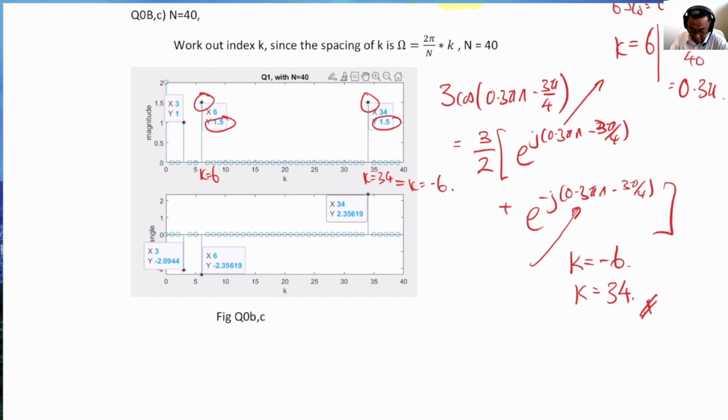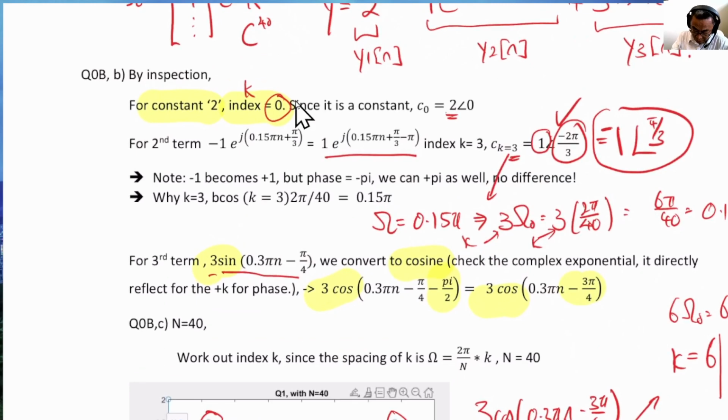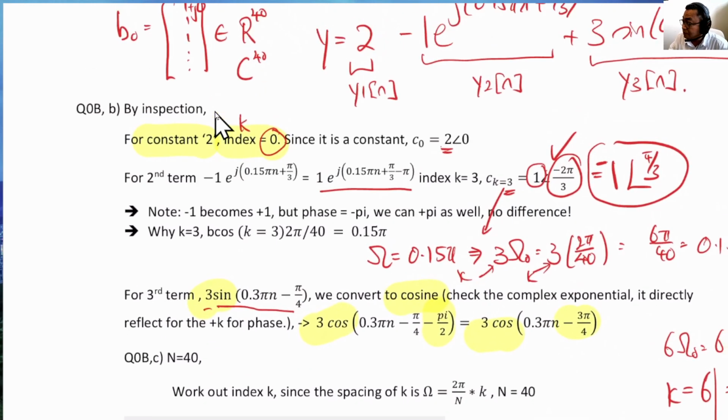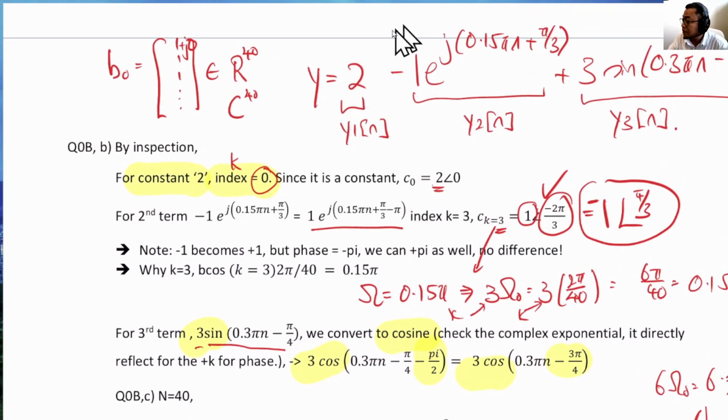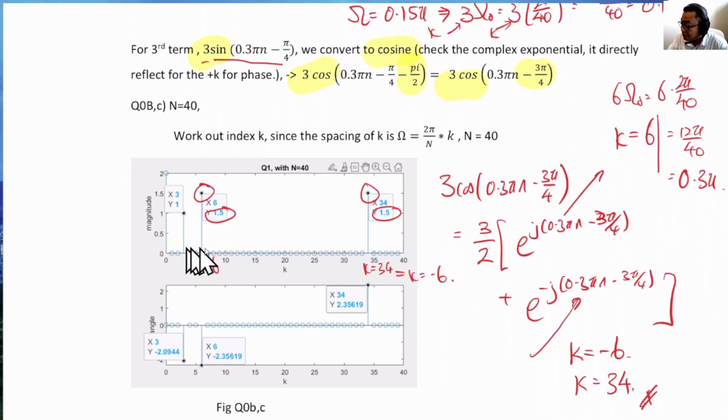With that, I hope you understand that we have just simply solved the problem of converting this equation without doing any DTFS analysis, simply by converting them into complex exponentials and identifying the respective k's along this axis, and the amplitude as well as the phase, and plotting the DTFS coefficients.